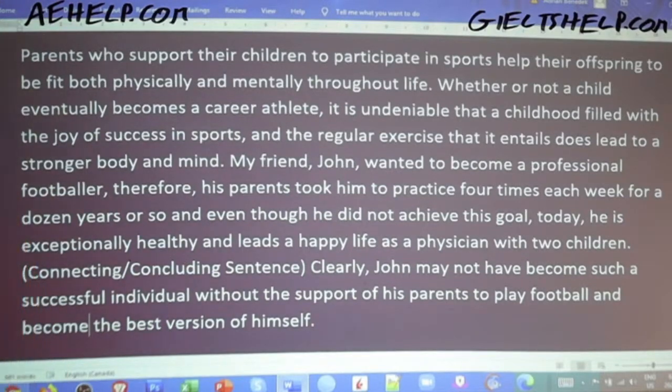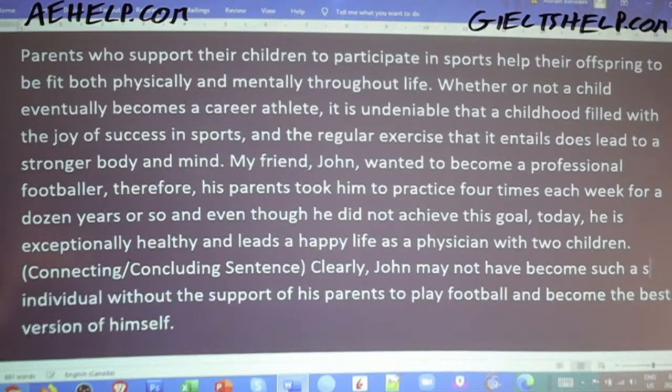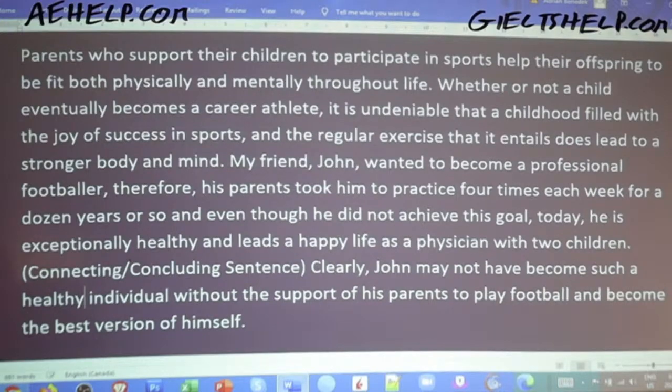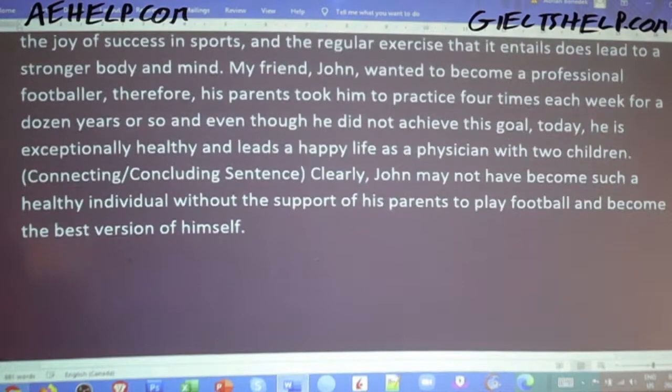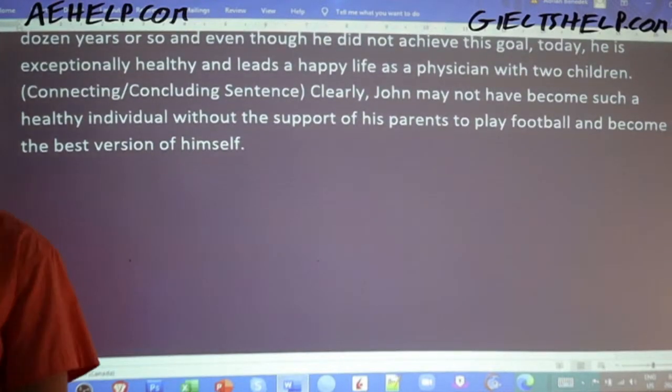Now, I'm going to be a little bit careful here and change this to healthy. Okay. Why did I do that? Why did I change that last word from successful to healthy? Anybody have an idea?